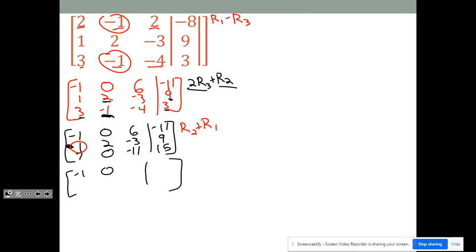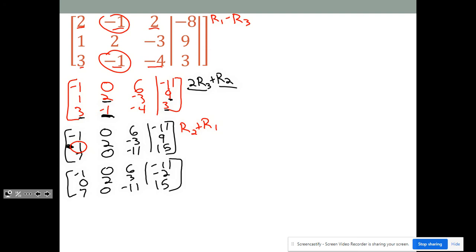I'm not changing row 1. That stays where it's at. I add row 1 to row 2, so that's a 0, 2 stays as a 2. -3 plus 6 would be +3. 9 plus -11 would be -2. And I have not changed my last row.